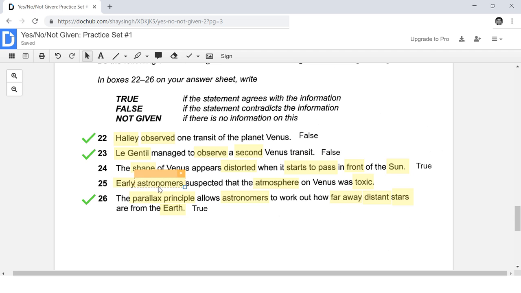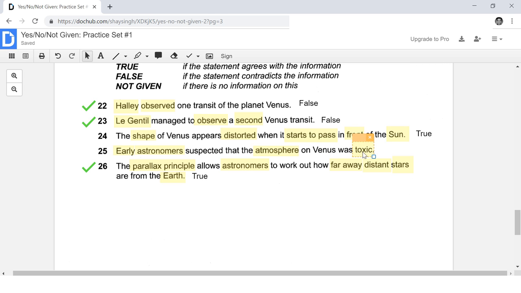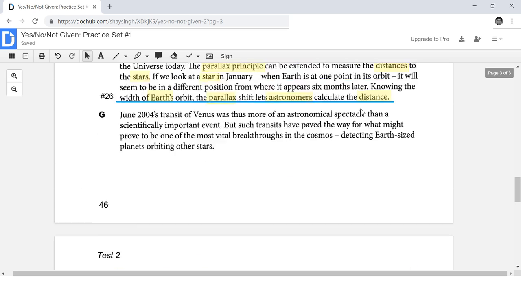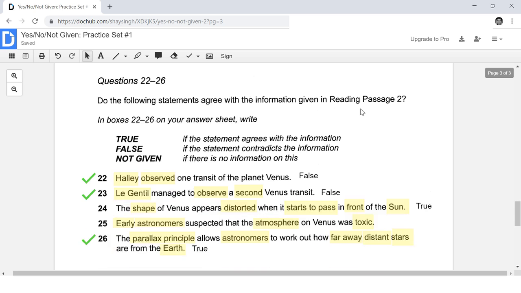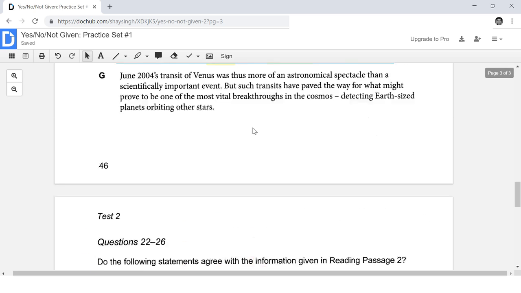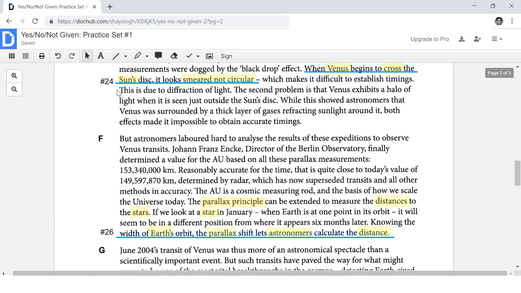So let's look for these keywords: astronomers, atmosphere, and toxic. Toxic is the keyword that I'm especially going to be looking for because it's going to be quite easy to identify. So we are looking for our answer to question number 25. So it has to come after 24 and before 26. So our answer is somewhere in here.